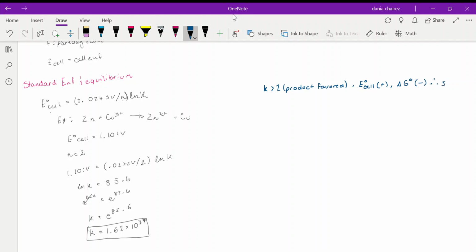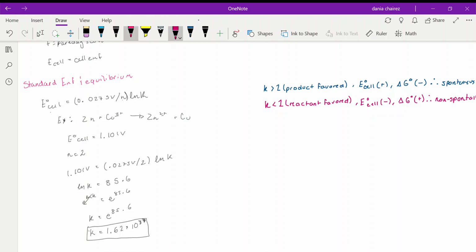Therefore, our reaction is spontaneous. And then if K is less than 1, which is reactant favored, our E naught cell is negative, delta G is positive, therefore our reaction is non-spontaneous.